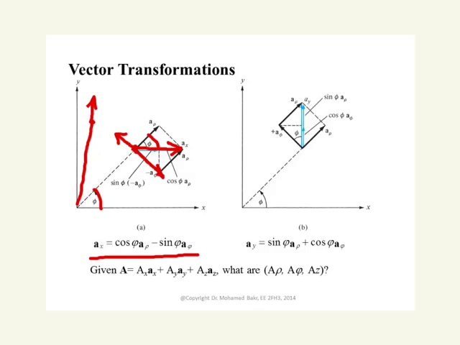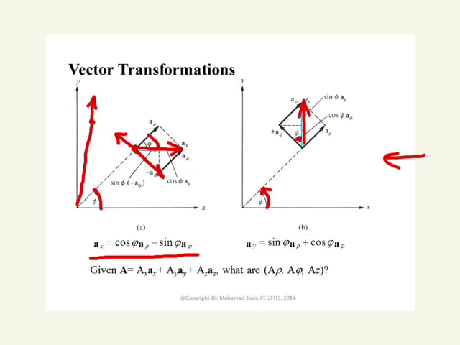The same thing you do in the second figure here, with respect to the y-axis. Remember, the direction ay does not change, it's fixed. So I'm going to draw it again, in the direction of y. If this angle here is phi, then by simple analysis, you can see that this angle here is also phi.